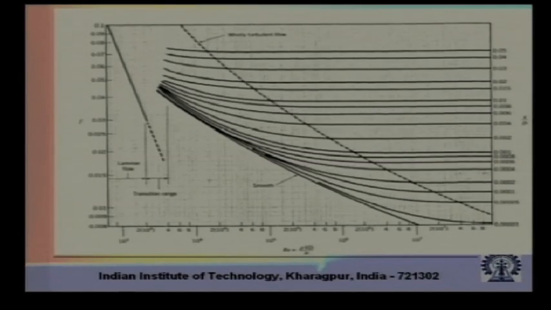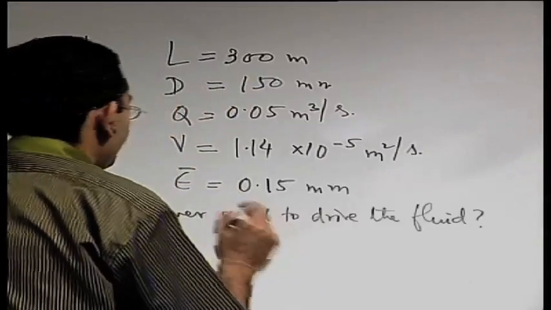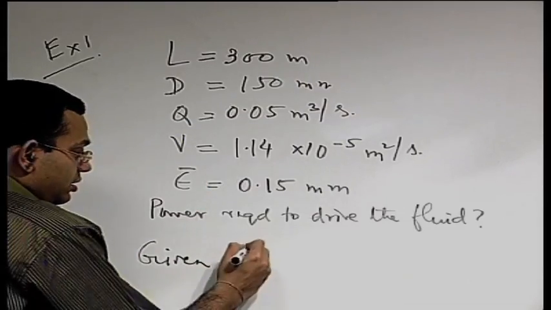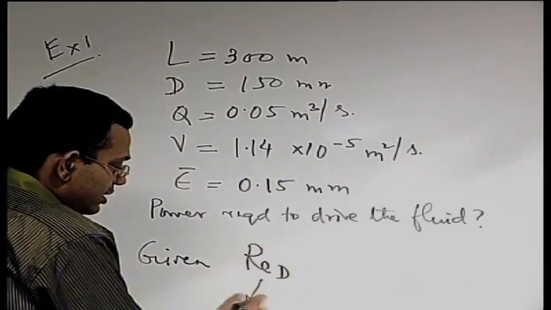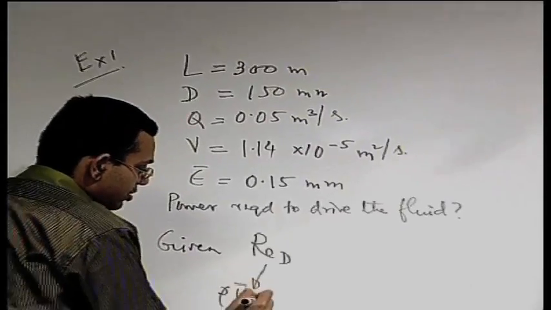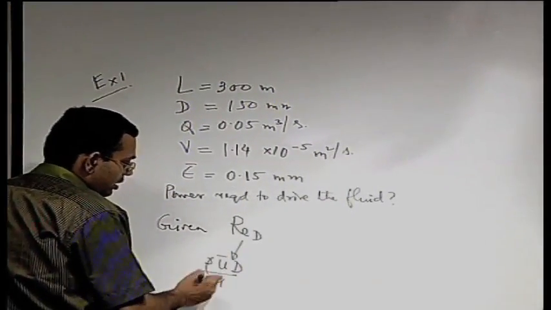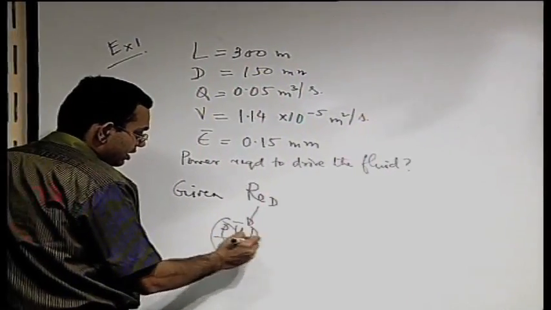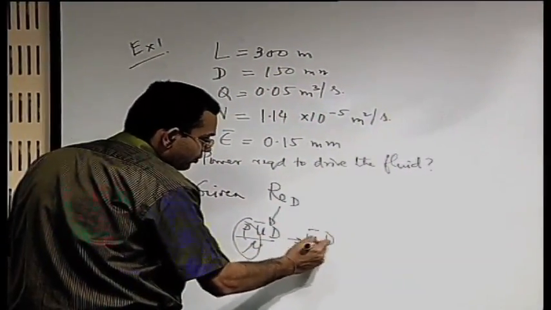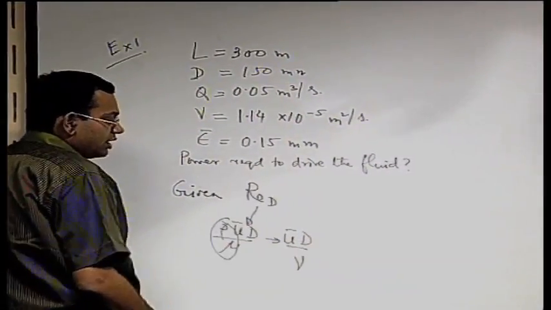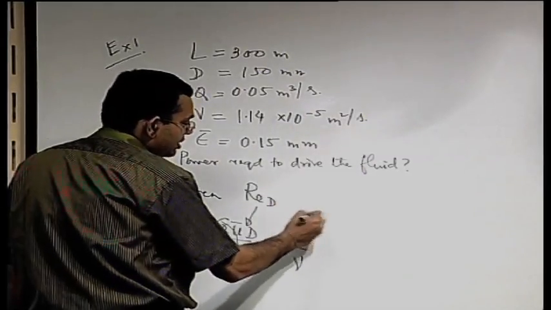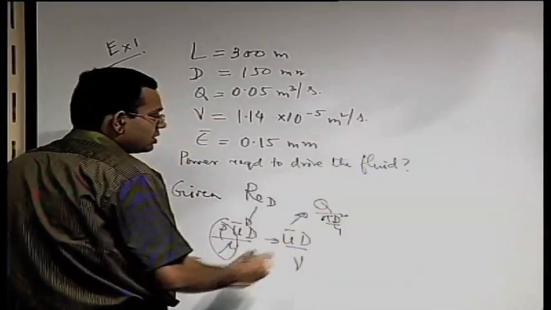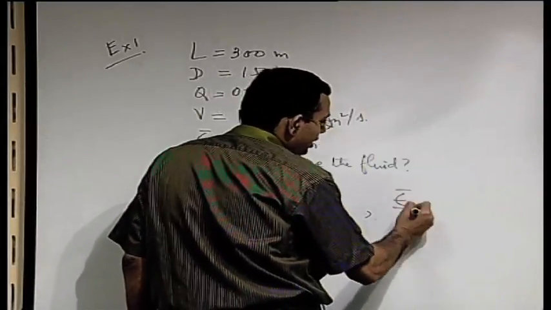So the problem boils down to this: given the Reynolds number, that is rho u average into d by mu, and since the kinematic viscosity is given, that is basically u average d by nu, that you can calculate. U average is Q by pi d square by 4. So the Reynolds number is known and epsilon by d is known.